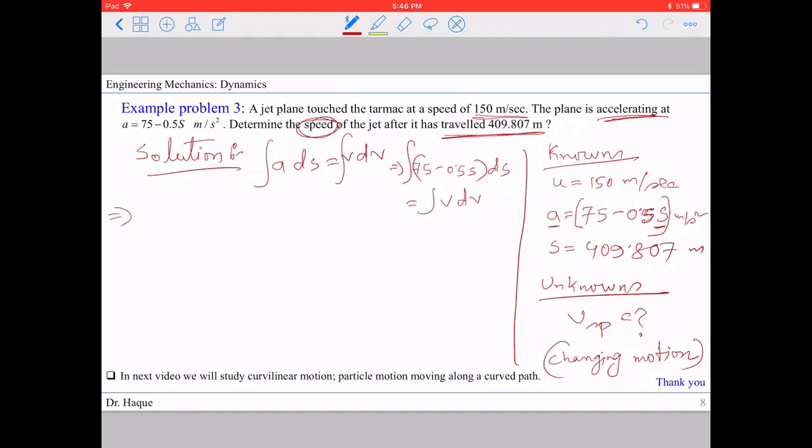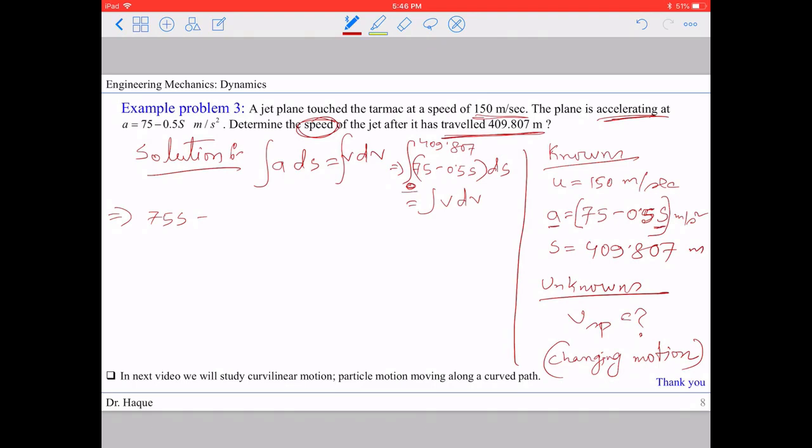If we do the integration, we get 75s minus... okay, the limit is from 0 to 409.807. Why is the initial position 0? Because it starts as soon as the plane touches the tarmac.